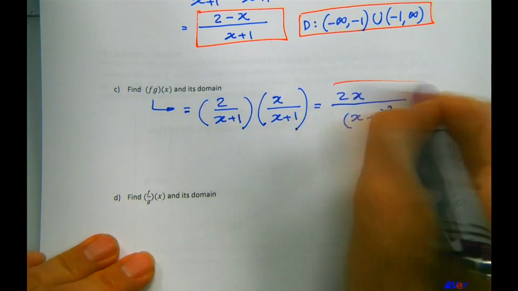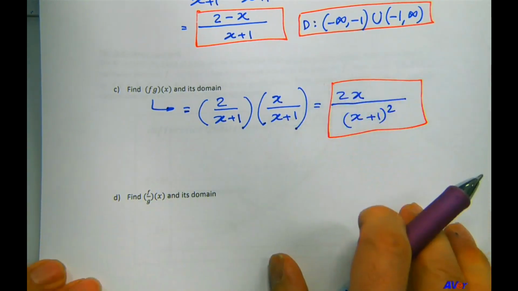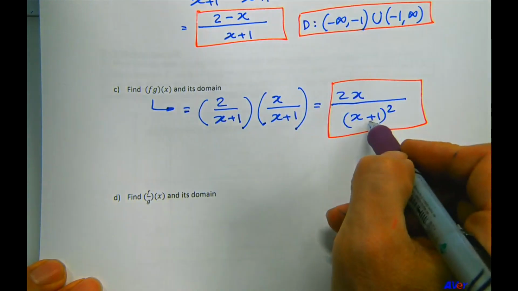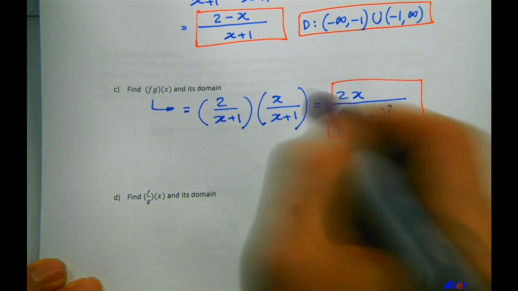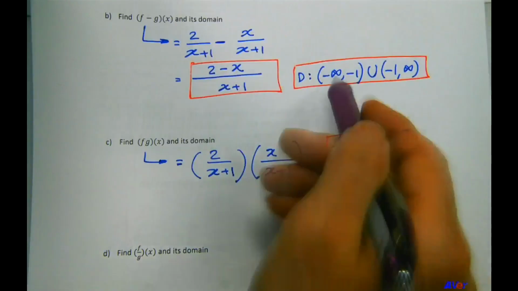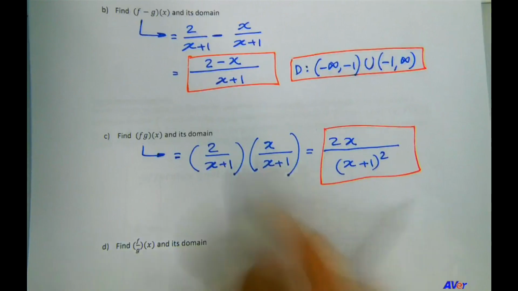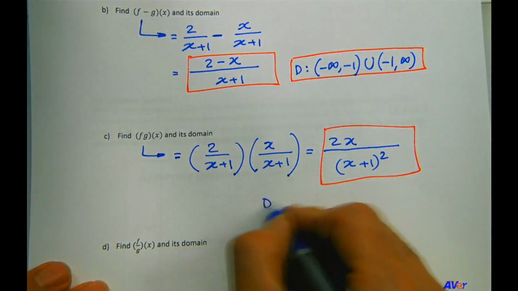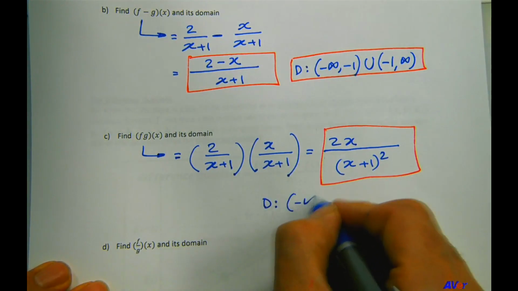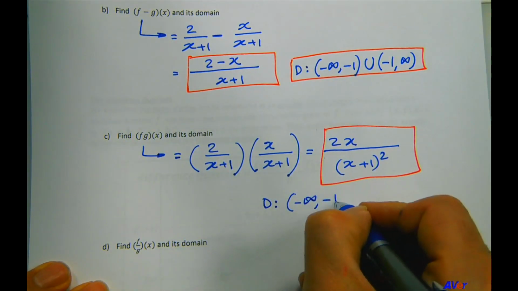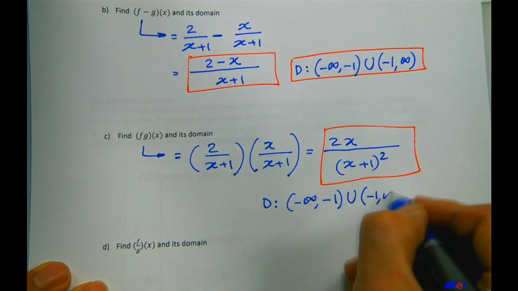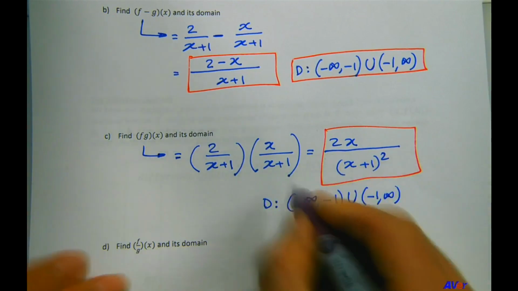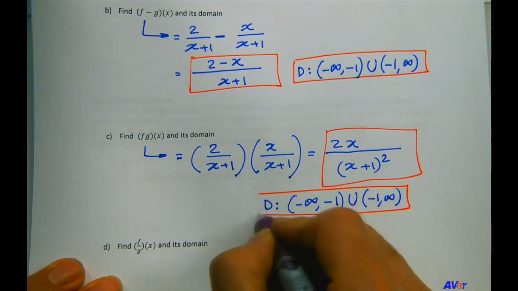That is the final combined function. Now, this is, again, -1 plus 1 is 0. 0 squared is 0. So once again, just like before, we cannot have -1 as part of the x in this combined function. So the domain would be (-infinity, -1) union (-1, positive infinity). Like that.